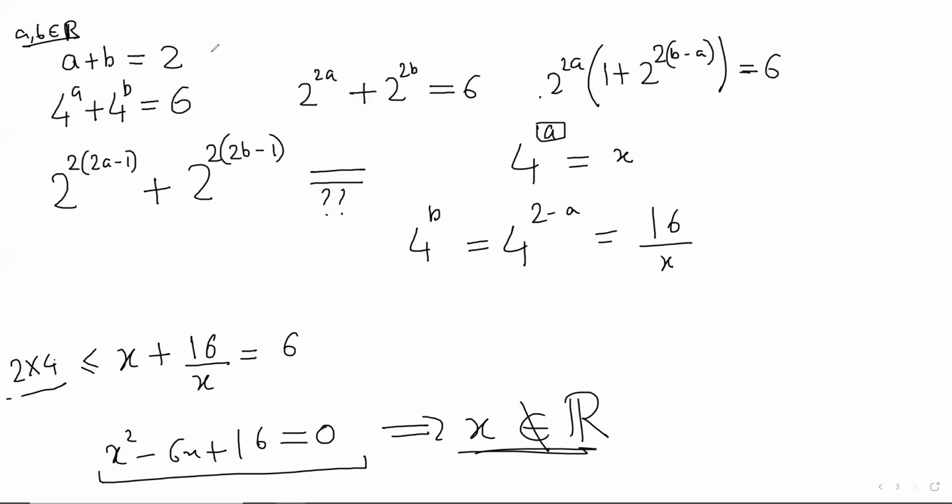You don't even need to convert it into anything. You can just say that 4 to the a plus 4 to the b is at least 2 times 2 to the a plus b. You can just apply AM-GM and take the square root. So it is at least 8. Even to begin with, the question is wrong.